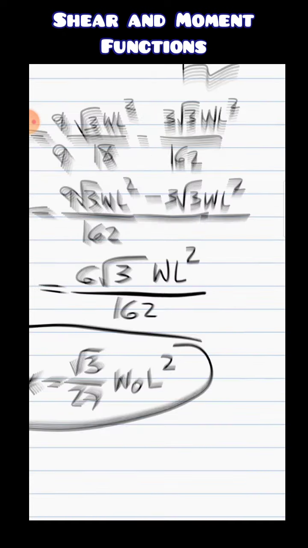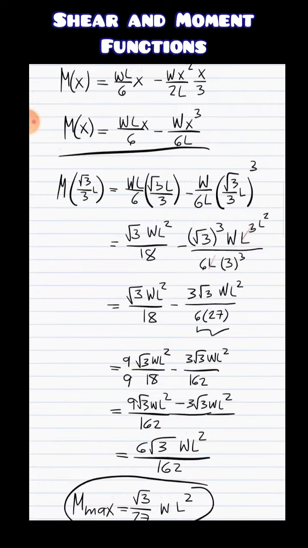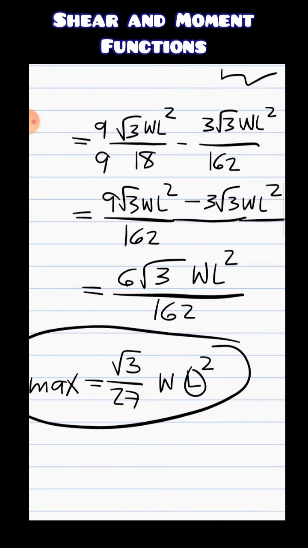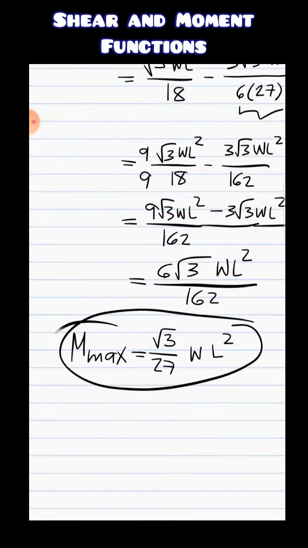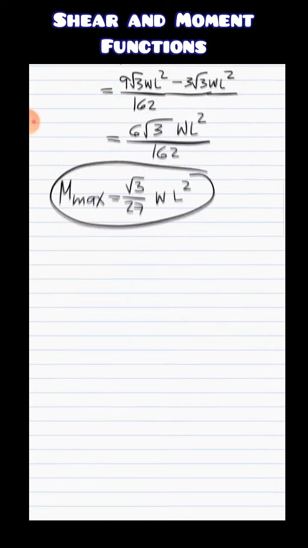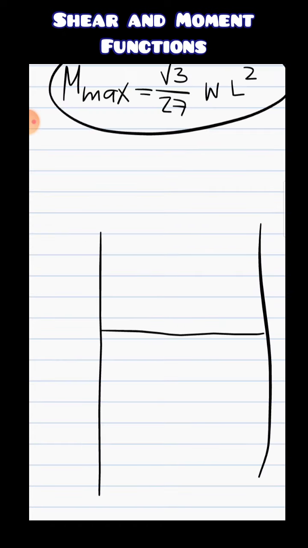Just plug in any value for your W, assuming that it's a triangular load just like the given. Multiply it by the length squared and by this factor, and you're going to have the maximum moment. Alright, so if we plot what we get here, this is our shear.